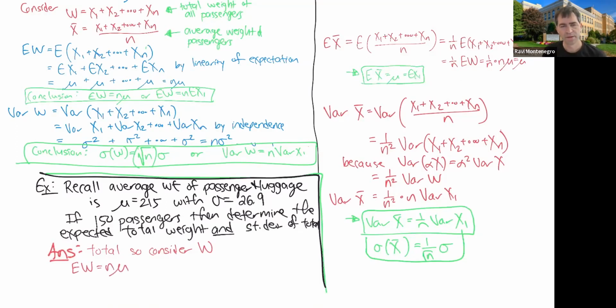And mu is 215, so this is 150 times 215. That's 32,250 pounds.